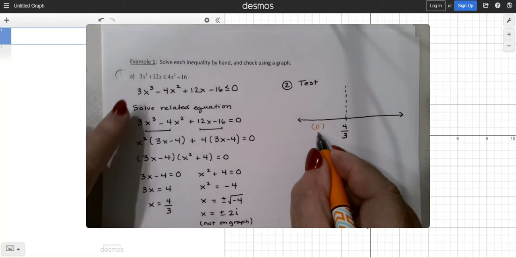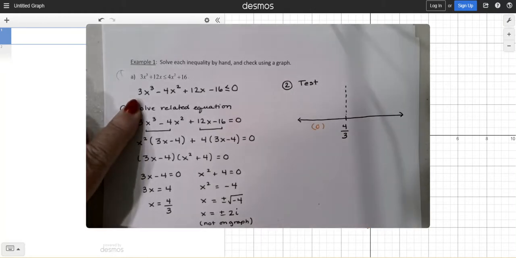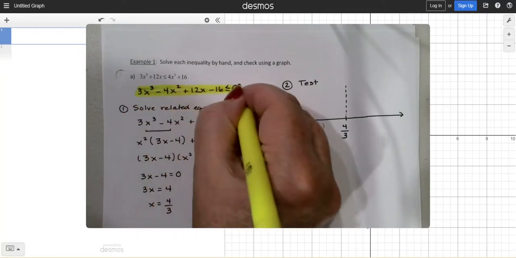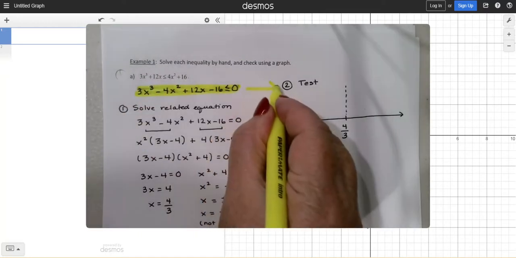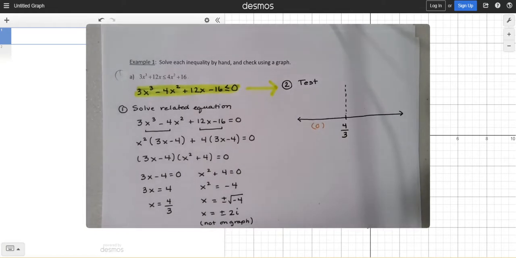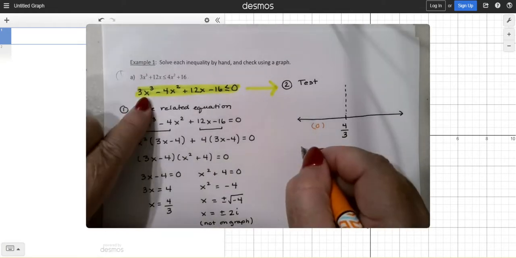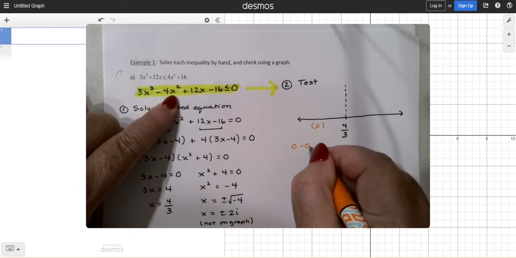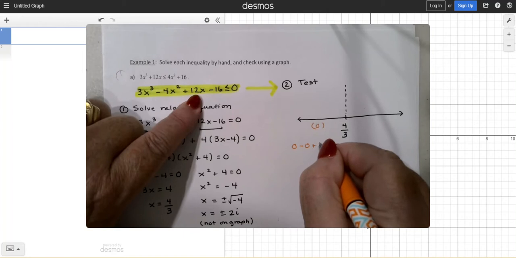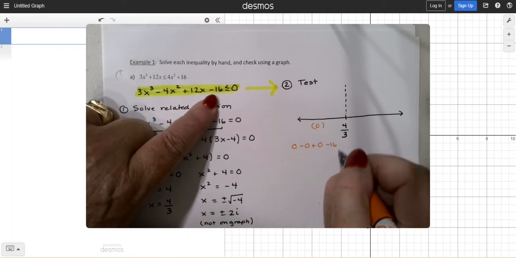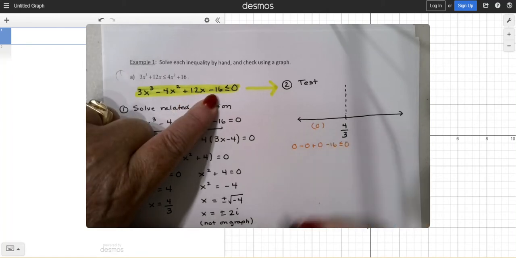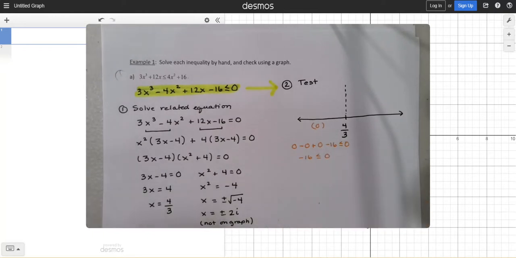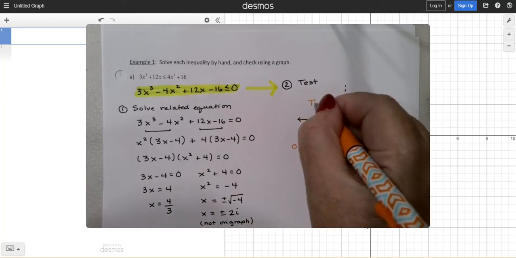If I were to plug 0 into my inequality, what I would get is 0 minus, that'll be a 0, plus that'll be a 0, minus 16 is less than or equal to 0. That says negative 16 is less than or equal to 0, which is certainly true.